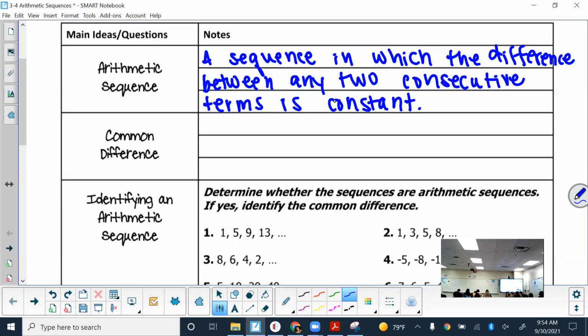What does consecutive mean? We learned it in topic 1, remember consecutive integers? So what does consecutive mean?